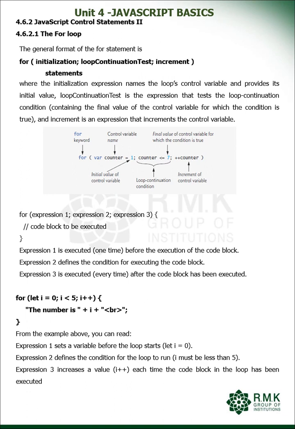So if you look into this example, for i equals 0, i less than 5 and i plus plus, the number will be shown in the output 5 times: number is 0, number is 1, number is 2, number is 3, number is 4, because the condition must end at less than 5. It is not equal to 5, it is just less than 5.